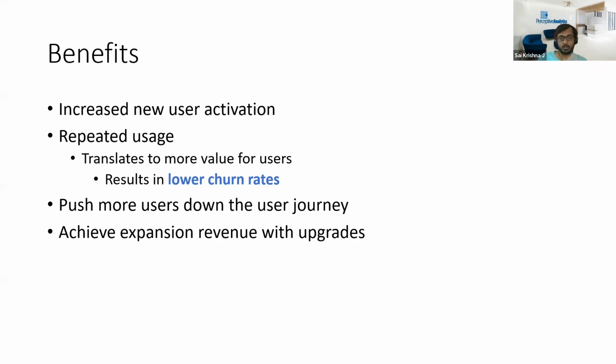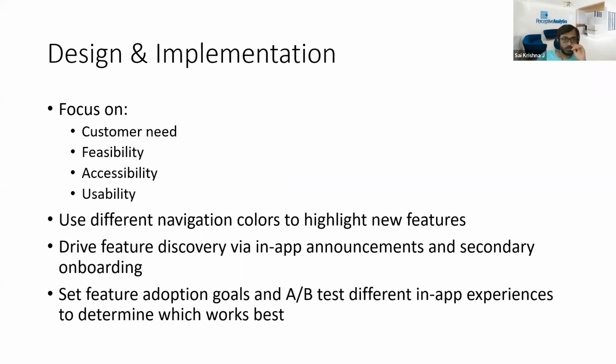Okay, so before you actually measure the feature adoption related metrics, the first stage is design and implementation of the features. Especially in the design stage, your focus should be on, number one, customer need, followed by feasibility, accessibility, and usability.